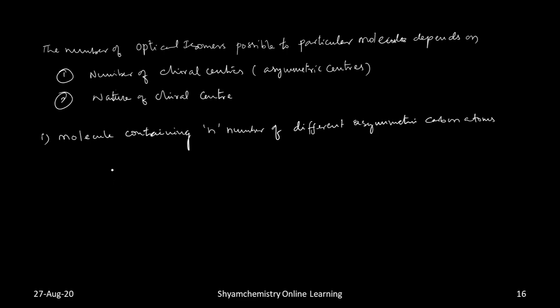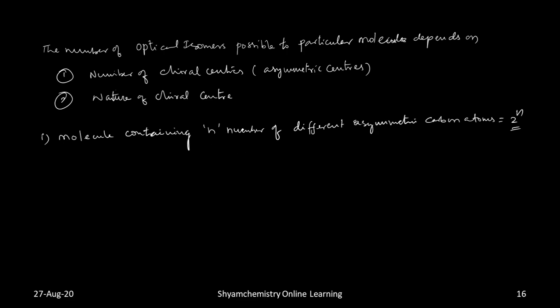Okay, if a molecule contains n number of different asymmetric carbon atoms in the molecule, then the molecule has 2 to the power of n number of optical isomers.